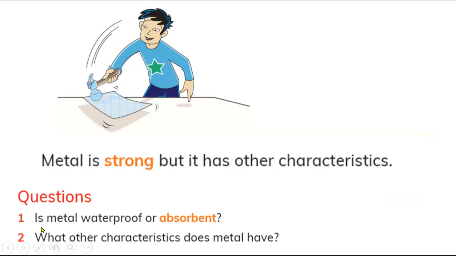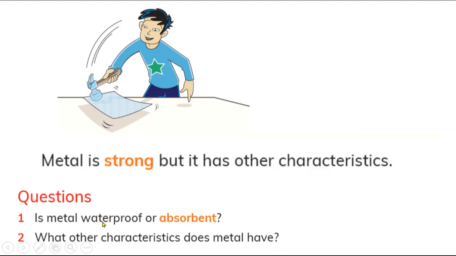So let's look at the first question. Is metal waterproof or absorbent? When you put the metal into the water, what do you think? Does the water get through, or does it absorb all the water?